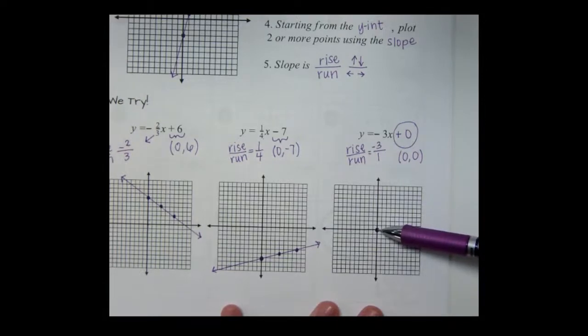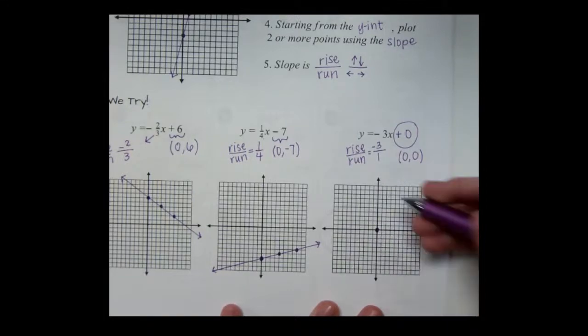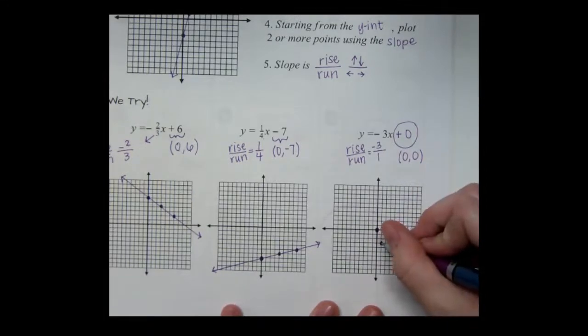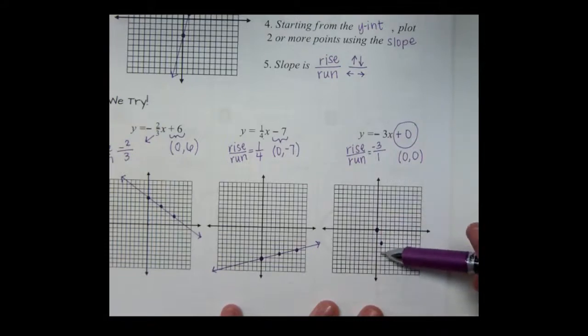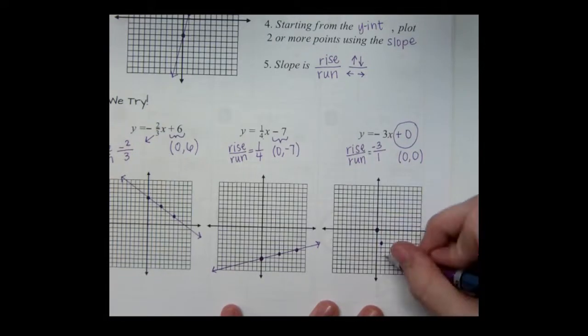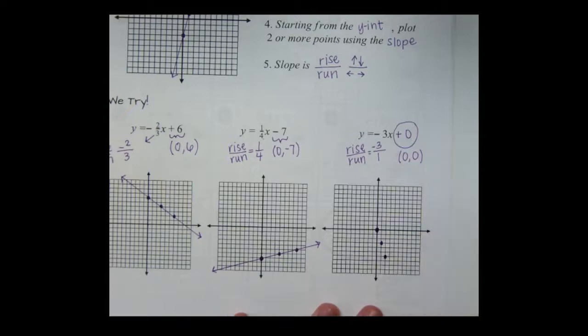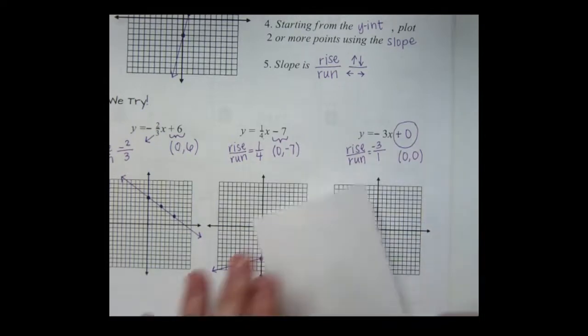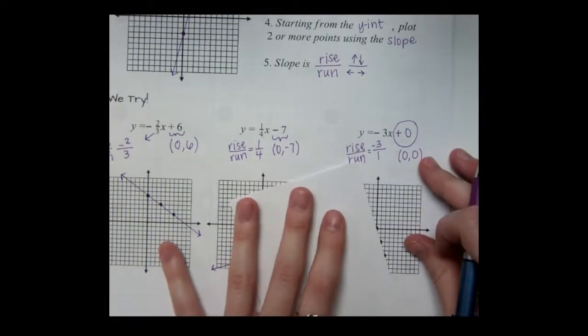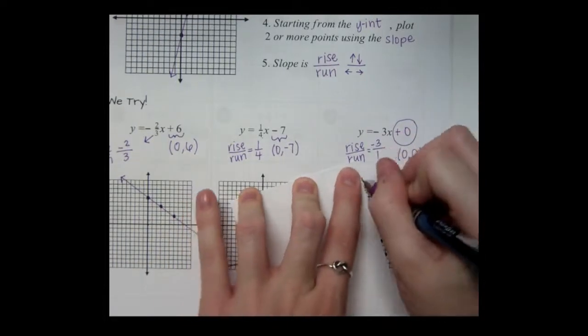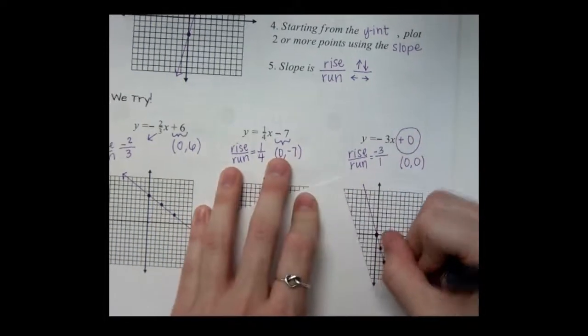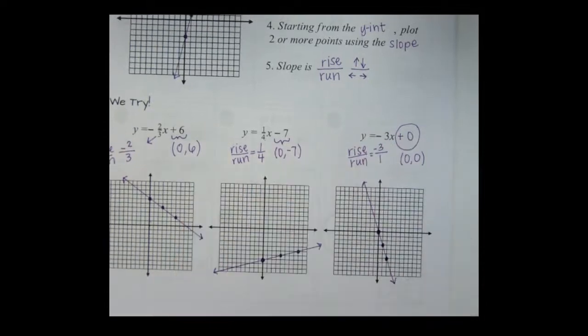So from my y-intercept (0, 0), I'm going to go down 3, 1, 2, 3, positive 1. I'm going to go down 1, 2, 3, positive 1. I've got my note card. I'm going to draw my line, and that is it.